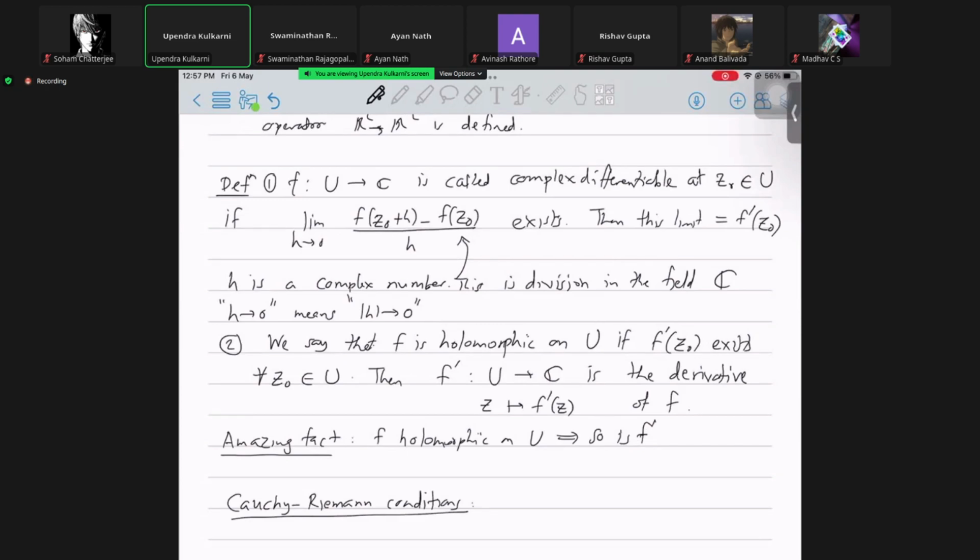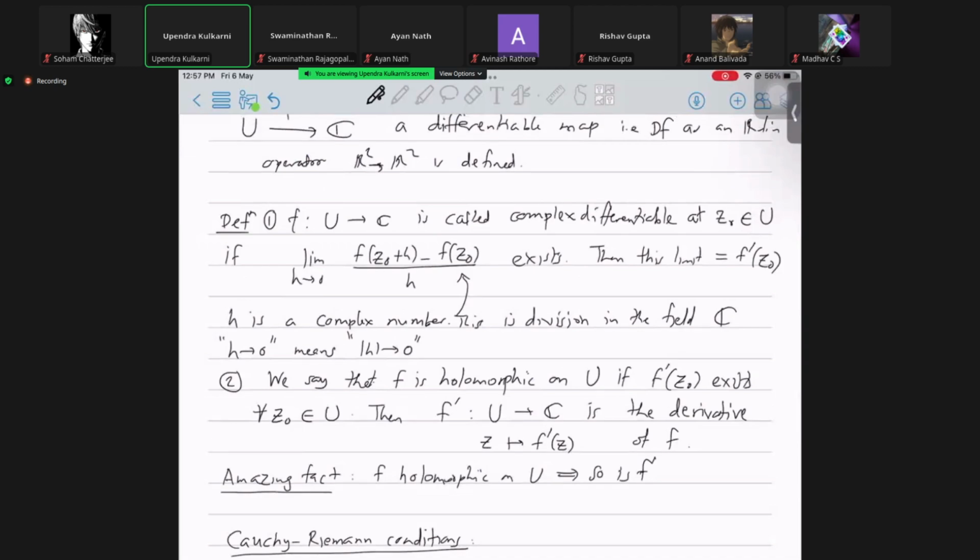It looks like we are going to run out of time, so let me just say what we are going to do. If a function is complex differentiable, then its derivative is just a complex number. And I'm supposed to get the same complex number no matter how I take h to 0.